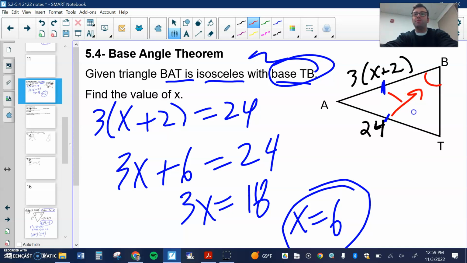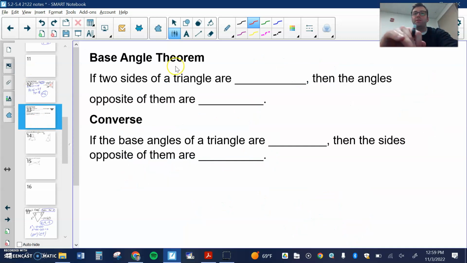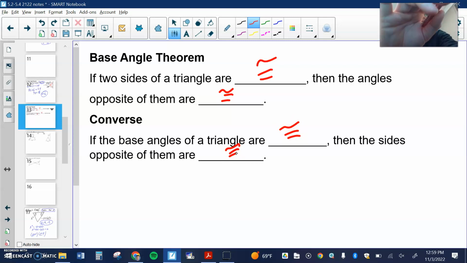What this base angle theorem tells us is that if I have two congruent sides, then the angles across from them are also going to be congruent. It says if two sides of a triangle are congruent, then the angles opposite of them are congruent. Same idea: if the base angles are congruent, then the sides opposite of them are congruent as well. When we start proofs next week, we're going to use this.